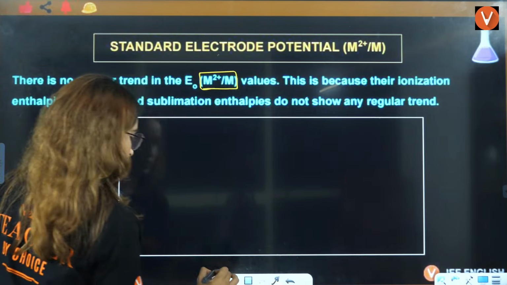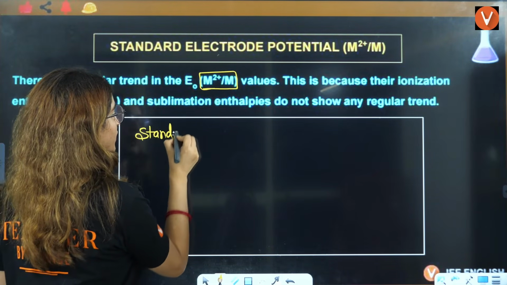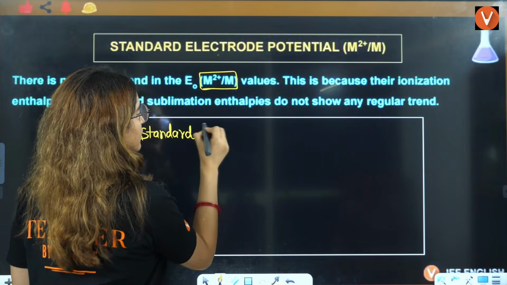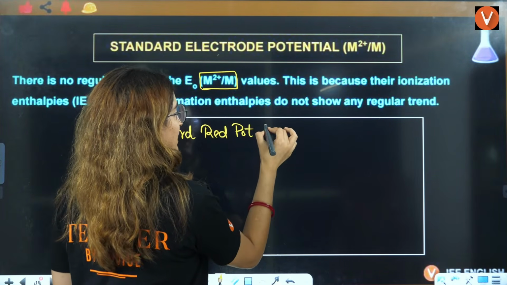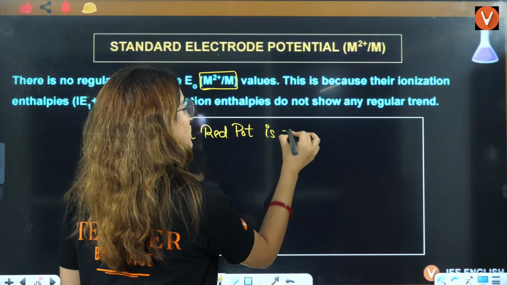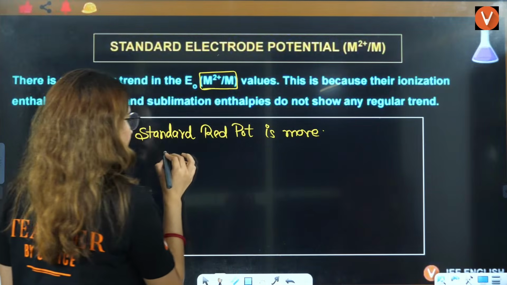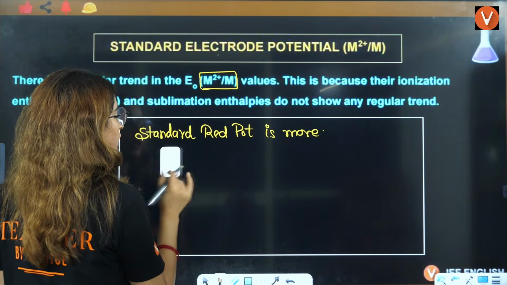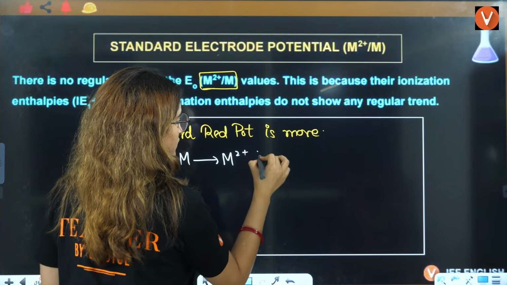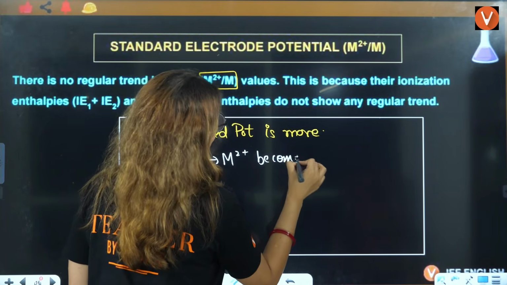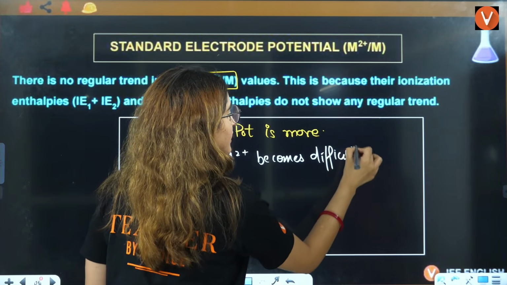If standard reduction potential is more, let's say it is more, the conversion of M to M2 positive becomes tough. I'm saying becomes difficult, right?